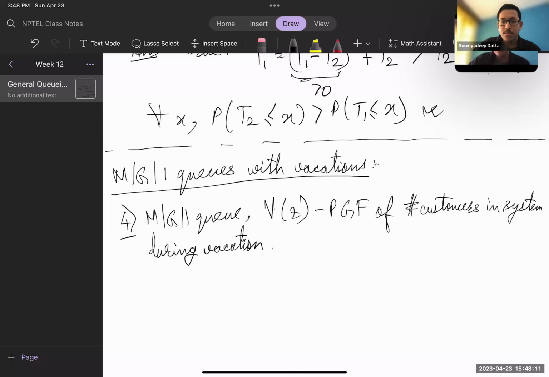let's say we are observing a queue during a vacation, and we are trying to observe the residual vacation period, as to how much of the vacation period is remaining.